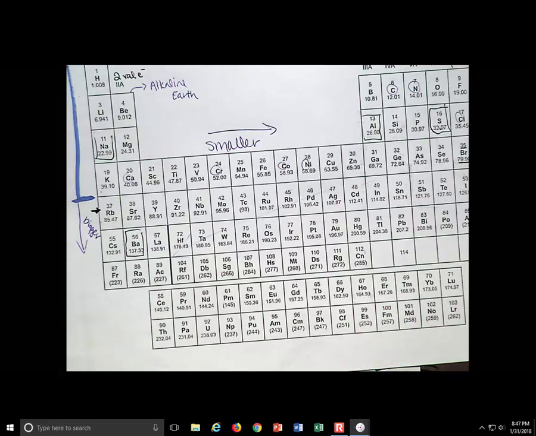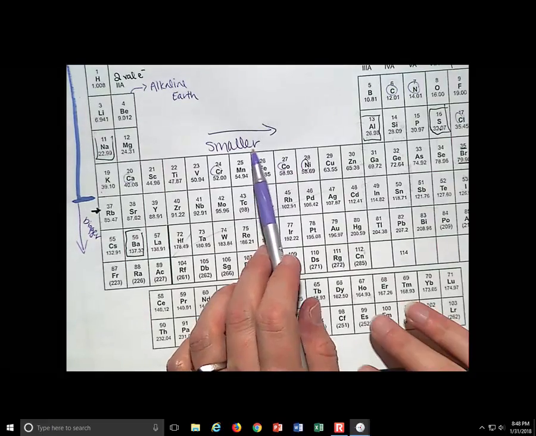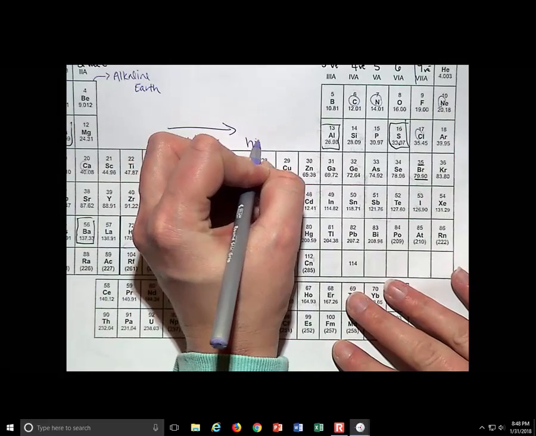Then how do we relate atomic radius and ionization energy? Ionization energy, you're forming an ion. To do that, you have to remove an electron. So if it's smaller, it will have a higher ionization energy.